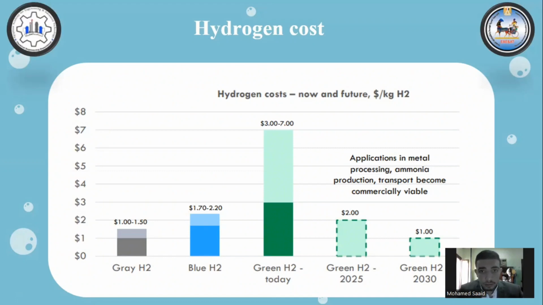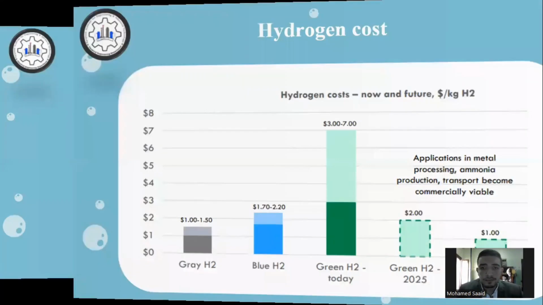And now in 2023, green hydrogen ranges between $3 to $7 per kilogram of hydrogen, but it's predicted to fall in 2025 to $2 per kilogram, and it's predicted also to be $1 for each kilogram of hydrogen in 2030.